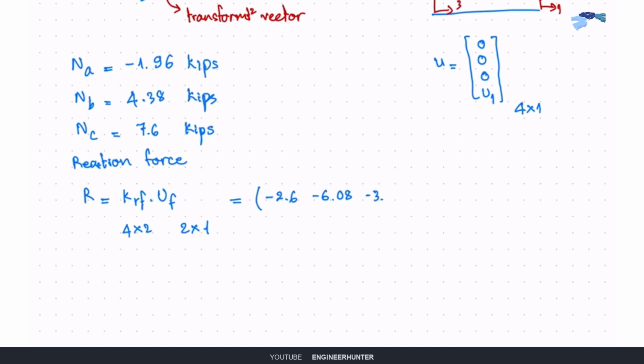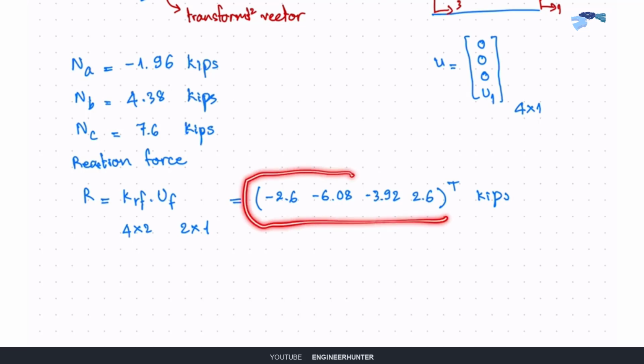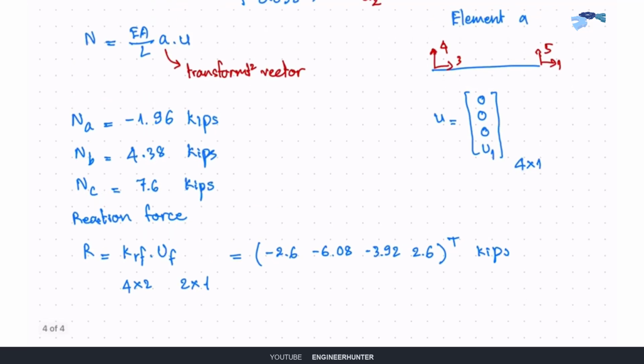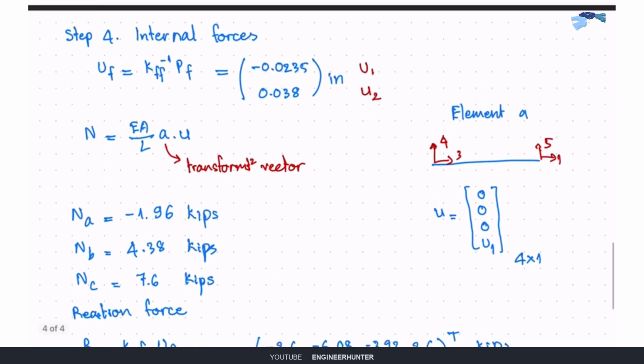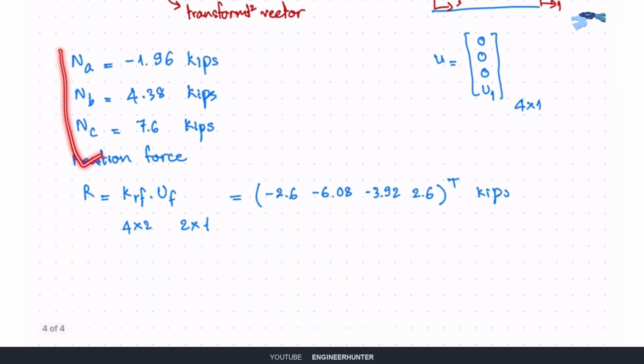You can do this calculation by yourself. So this is a column vector, but I put the transpose here in order to make it easy to write. So you got the internal force and now the reaction force.